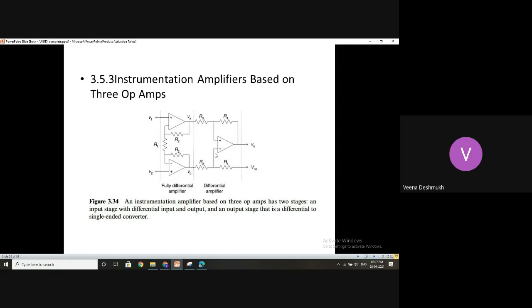So the comparison here happens with this V reference, and the signals which are produced here, VA and VB, are low drift and low DC offset signals. So they will already have reduced the noise in the first two op amps, or in the first stage of the instrumentation amplifier. In this stage, exclusively the comparison with V reference and amplification takes place. So amplification of low noise or suppressed noise signals takes place.